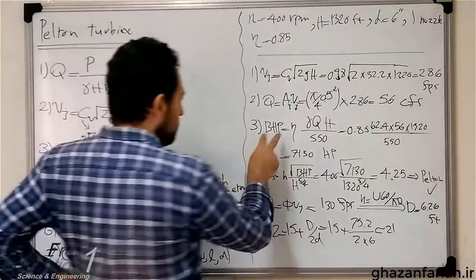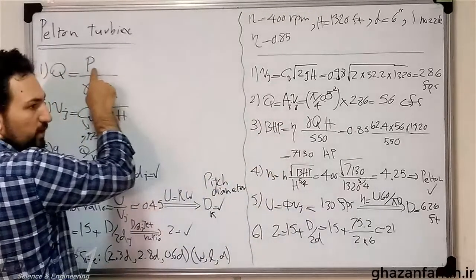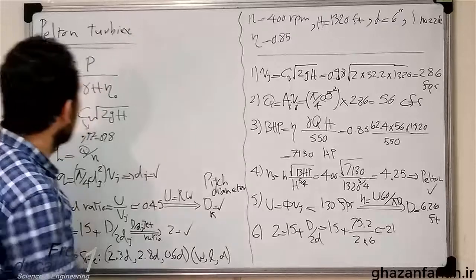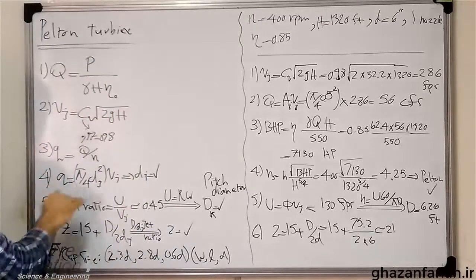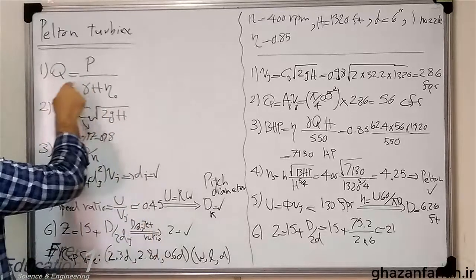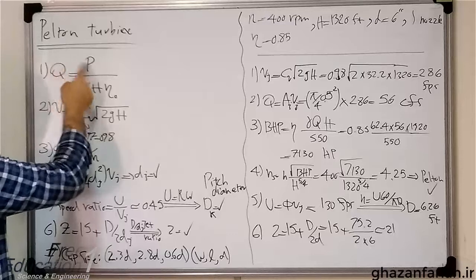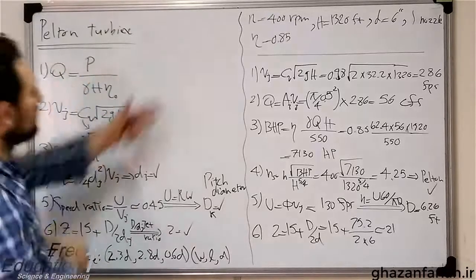The third step is to compute the braking horsepower, P horsepower, based on step 1. So you can start this procedure from any item based on your given information. For example, you can start from this relation and compute P based on Q, or you can start from this relation based on the given information.